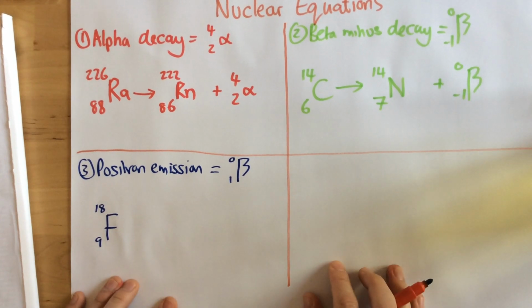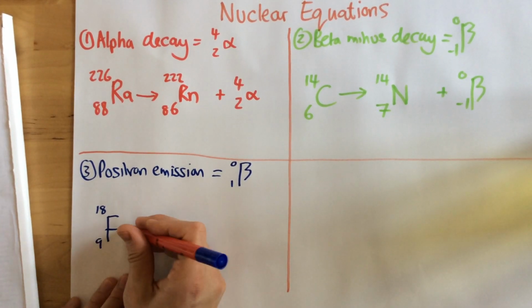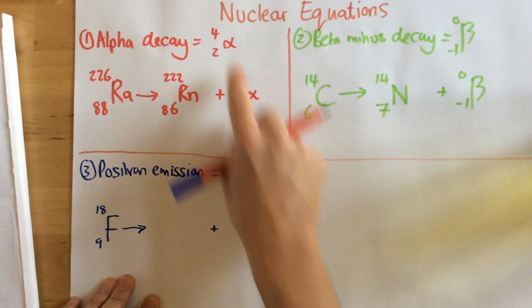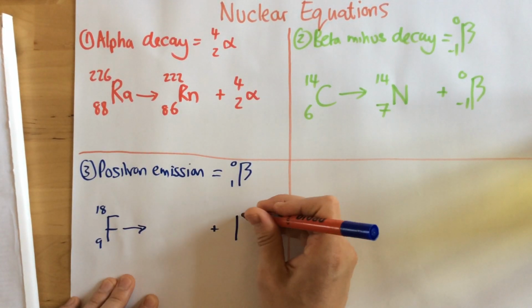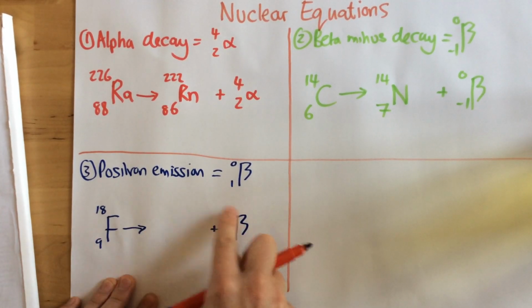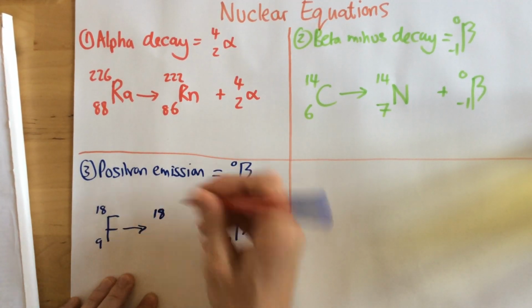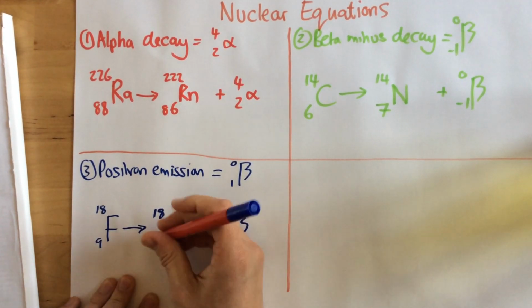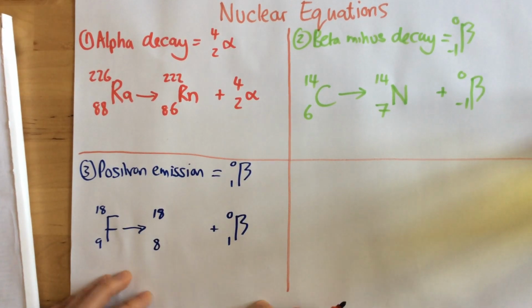So it starts like this. Again, I show my arrow. I know I need to learn each of these particles, because if I do, then I could figure out the rest of the equation. For this one, on top, it's going to be 18, because 18 plus 0 is 18. On the bottom, something plus 1 is 9, so it's going to be an 8 on the bottom.